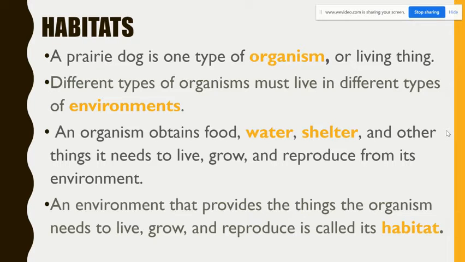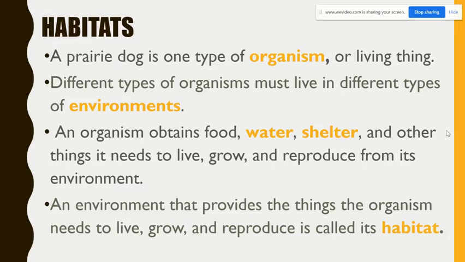Then, different types of organisms must live in different types of environments. And there are different components in those environments that help those organisms to survive. So an organism needs to obtain food, water, shelter, and even other things it needs to survive, to be able to live, grow, and reproduce from its environment.